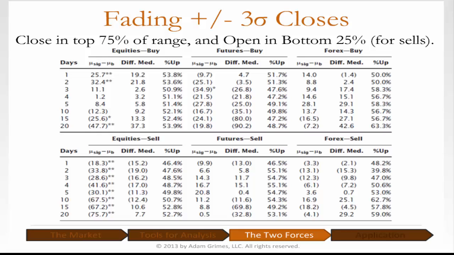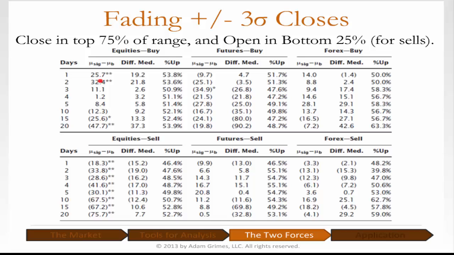The way you read this is fading plus and minus 3 sigma, 3 standard deviation closes. Again, I talk about how to define that on my blog. The top section is buys, the bottom is sells, and the first column is stocks, equities. If you buy large declines, the next day you're up 25 basis points, 0.25% on average.